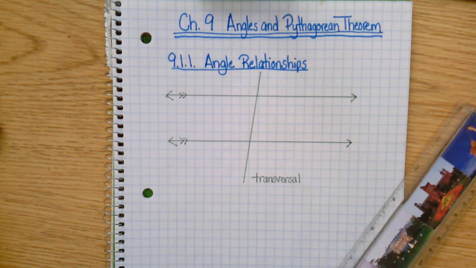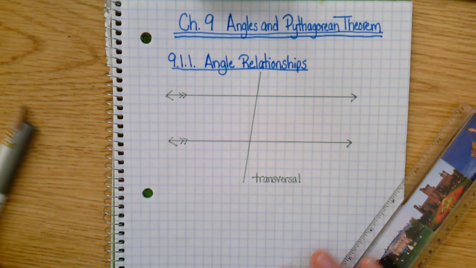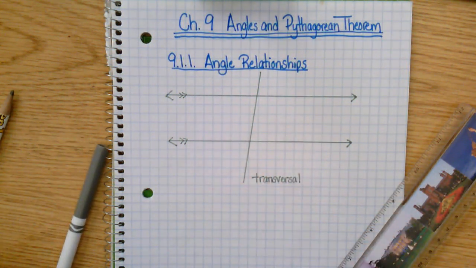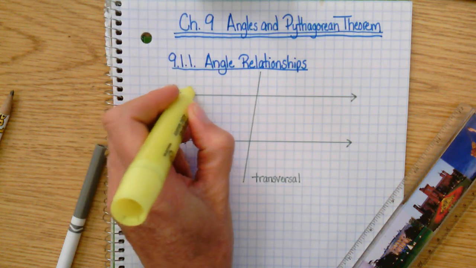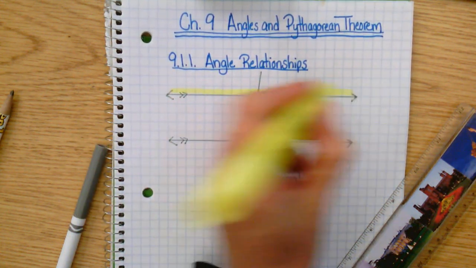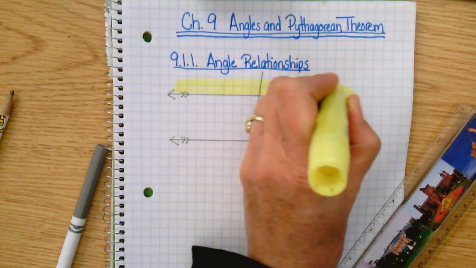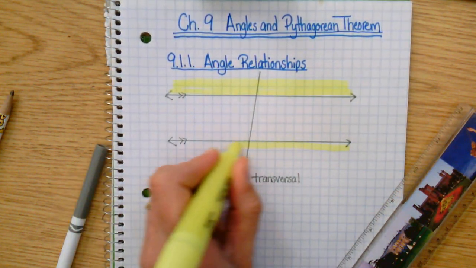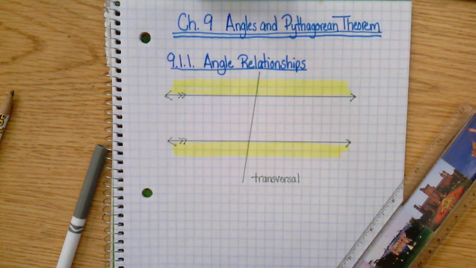But before we get into the angles, let's talk about the interior and exterior parts of this diagram right here. The exterior region in this diagram is this area that I'm highlighting above the top parallel line and below the bottom of the two parallel lines.